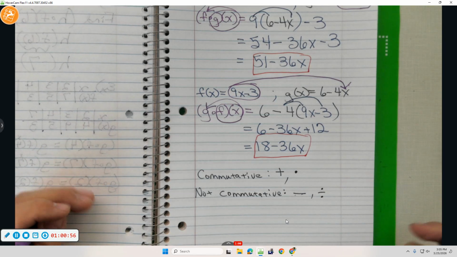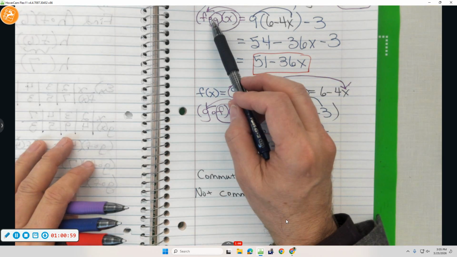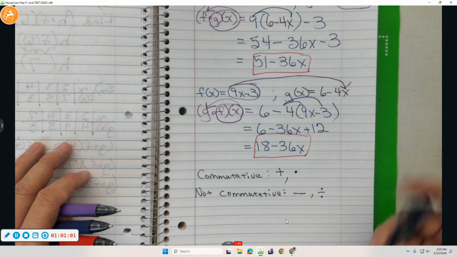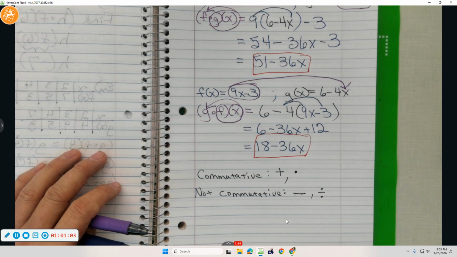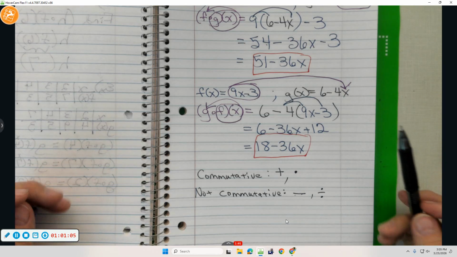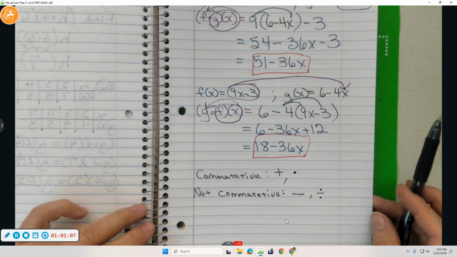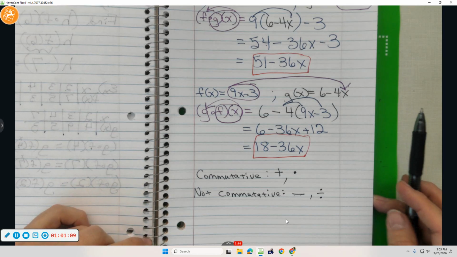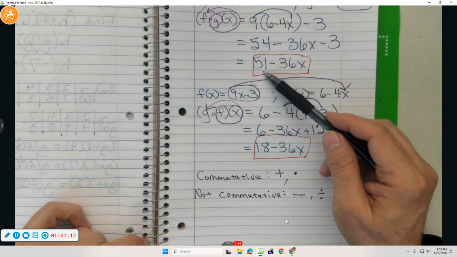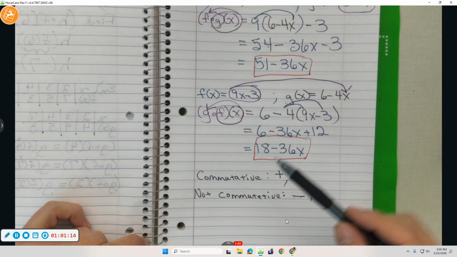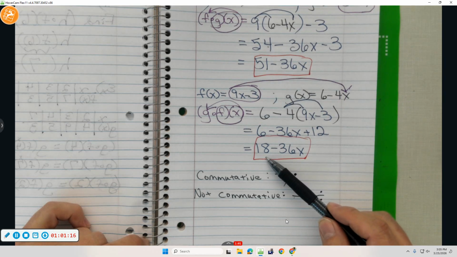So now we have this new operation, f o g and g o f, that little circle. Is that commutative? Does F composed with G always equal G composed with F? No. Right here we see F composed with G started with 51, and G composed with F started with 18.